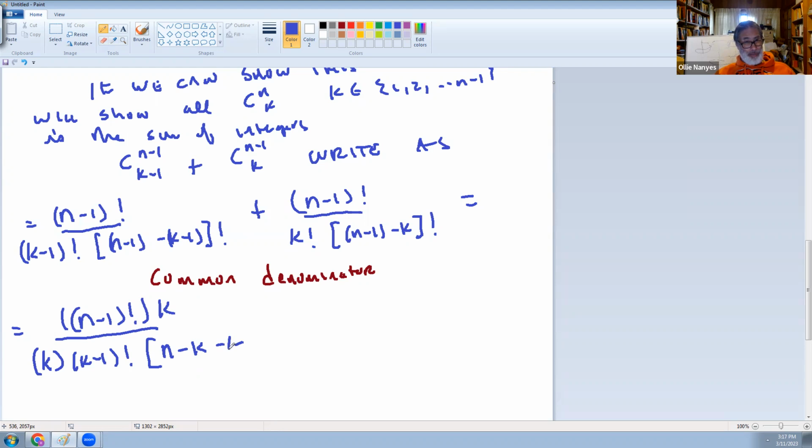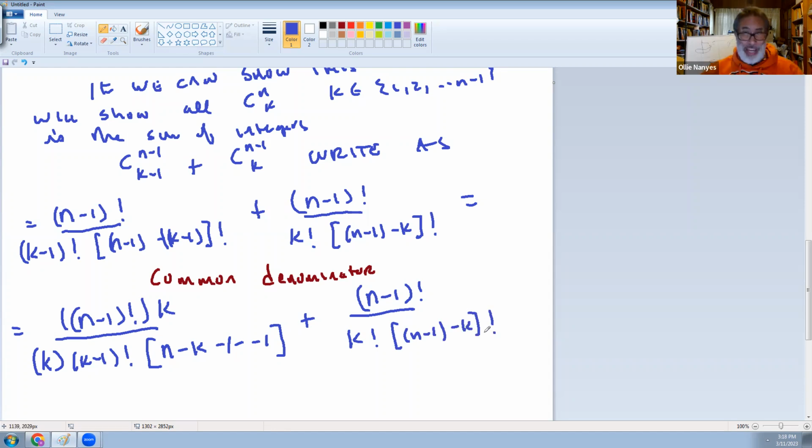Then you have a negative 1 minus a minus 1 because you're distributing it right here. You're distributing that, plus n minus 1 factorial, k factorial. And here you have an n minus 1 minus k factorial.